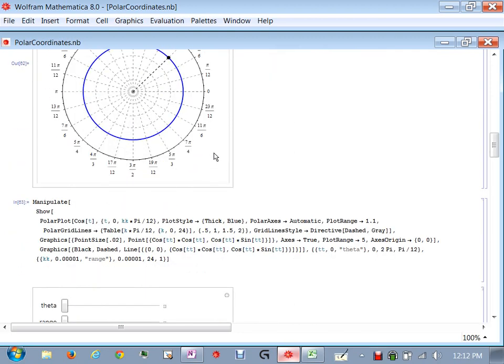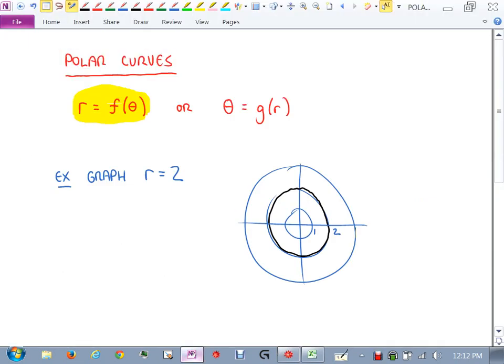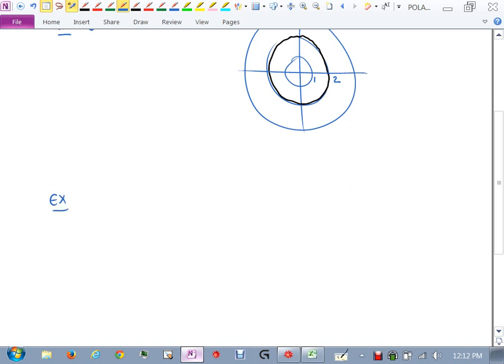Okay, let's try the next one. I want us to graph r is equal to cosine t, or cosine theta. What does this look like in polar?